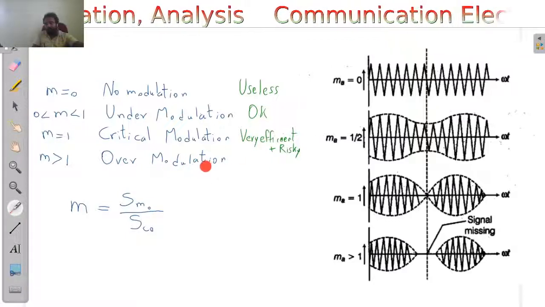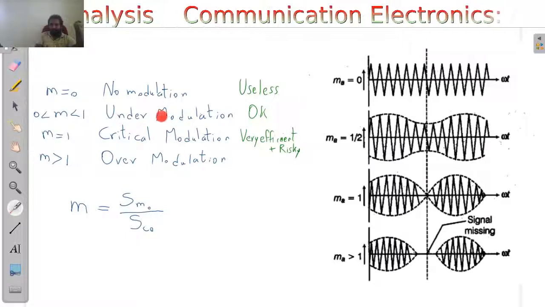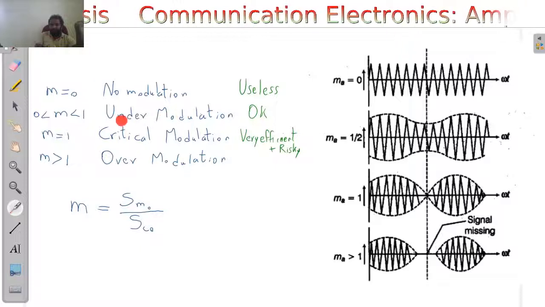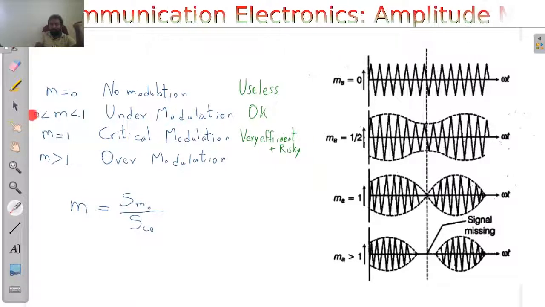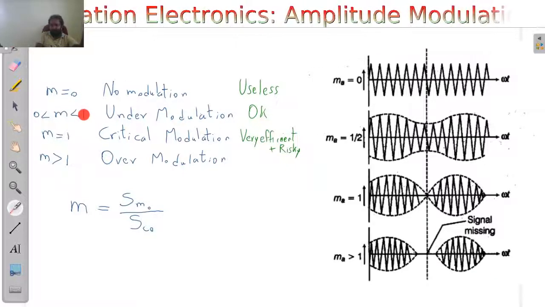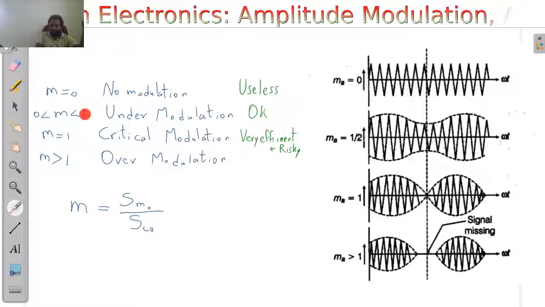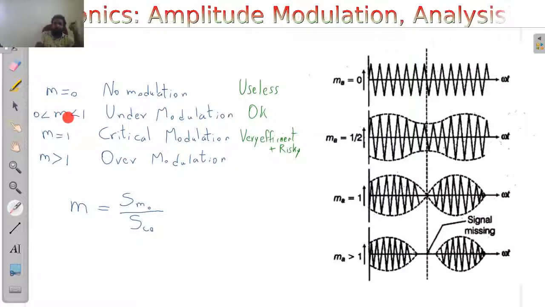So it is very risky to handle a critical modulation condition. So it is better to go to the under modulation condition, where you keep your modulation index very close to 1, not close to 0, very close to 1, like 0.95 or 0.99 or 0.90. Those are fine values for your modulation index.